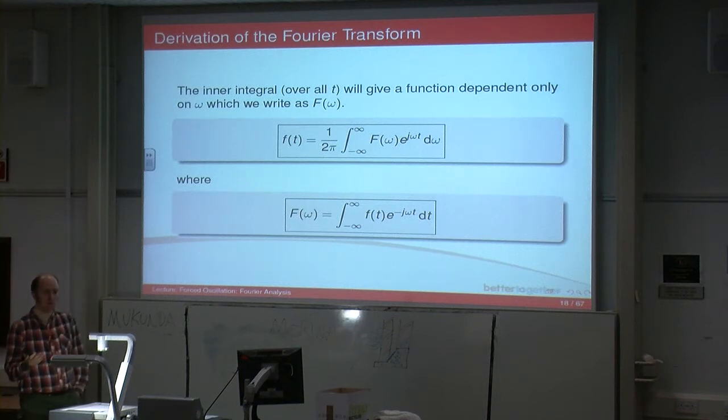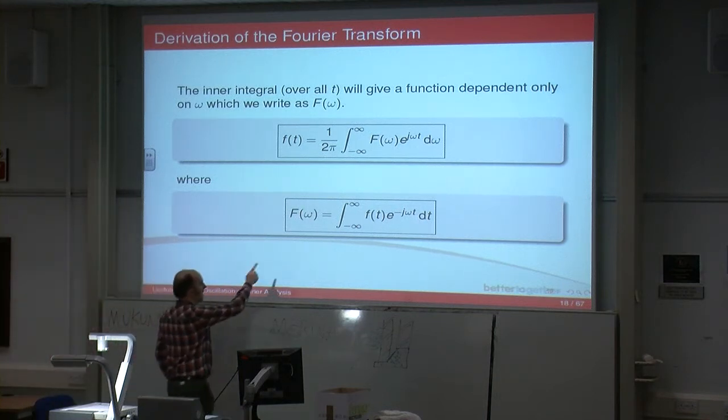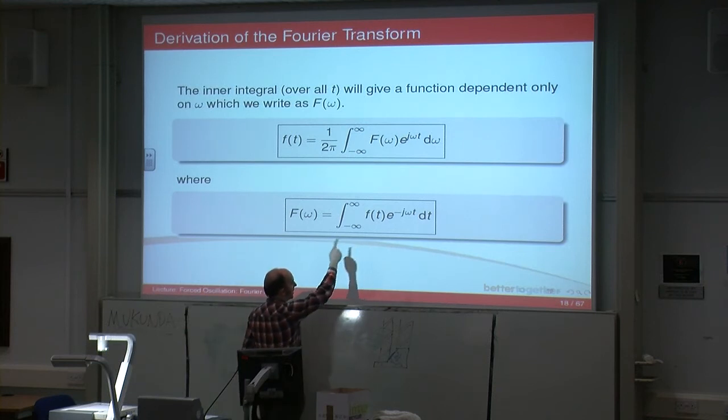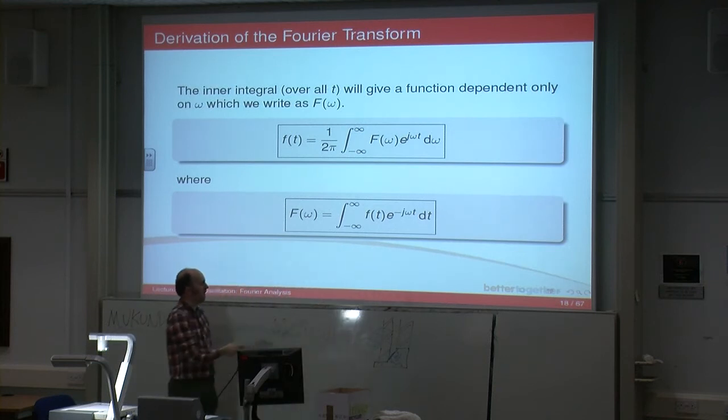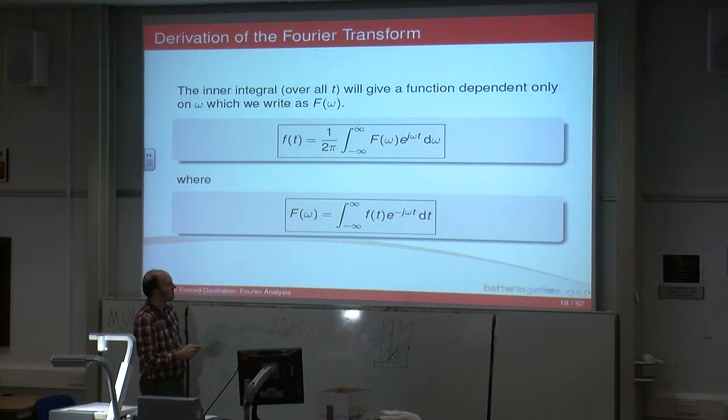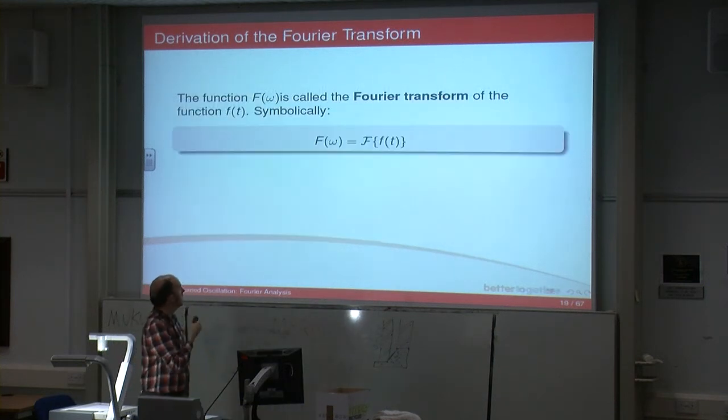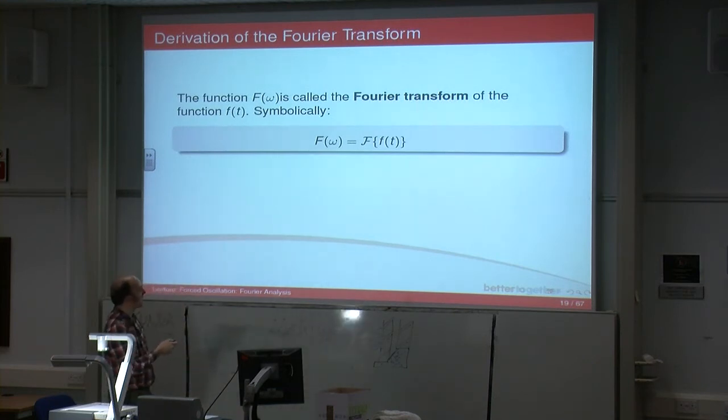Big F, which represents the frequency domain signal of omega, is this function, which is an integral with respect to time. And that's how we write it. Big F of omega is this funny F, which represents the Fourier transform of f of t. So if I had a function g of t, that would be big G of omega, which would be this funny F of g of t, and so on.